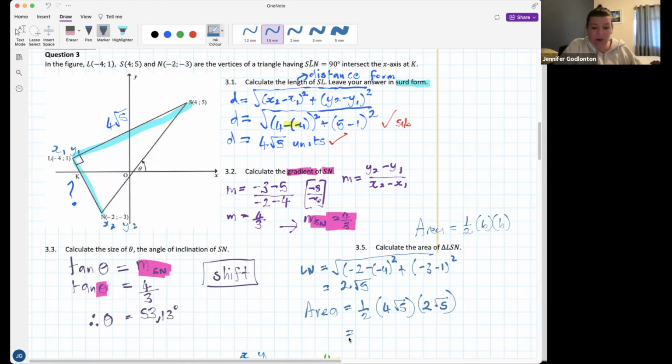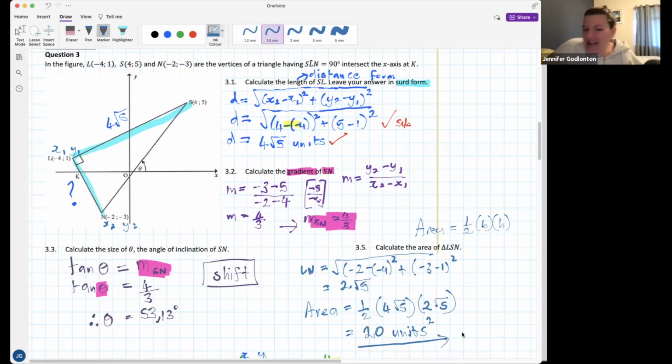So we're going to have a half, open bracket, 4√5, close bracket, open our next bracket, 2√5, and we get the glorious answer of 20 units squared. And it would be squared because it is an area.